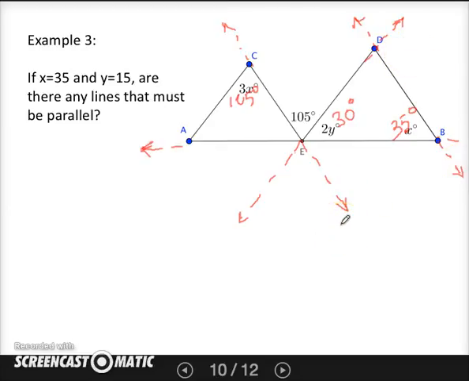So let's see whether either of these transversals has an angle that is touching the transversal and each of the lines. Okay, here we have angle x, or 35 degrees, formed between line BD and transversal BA.